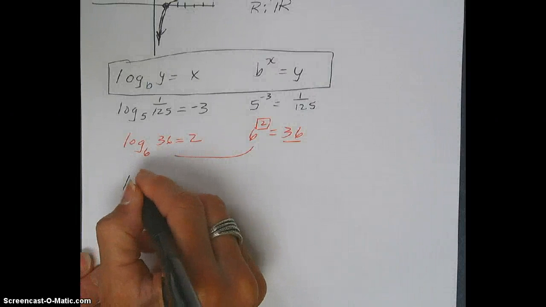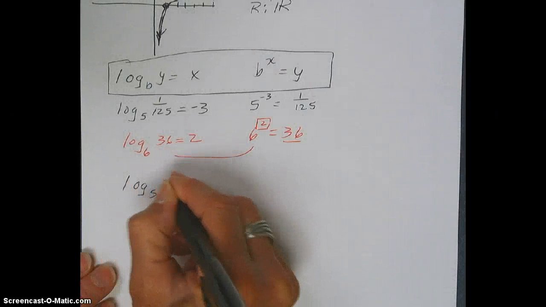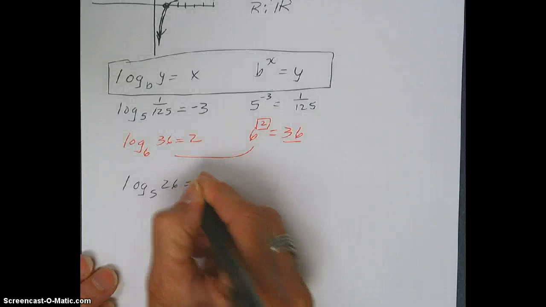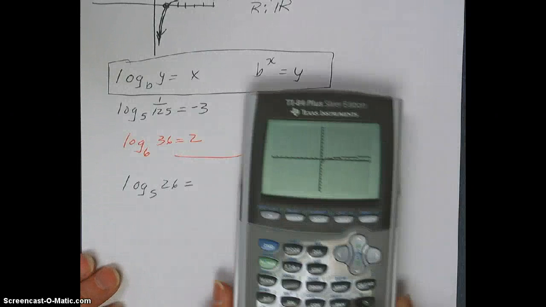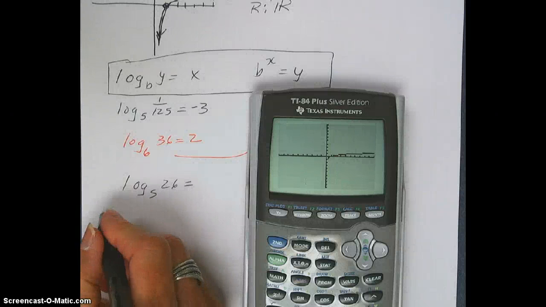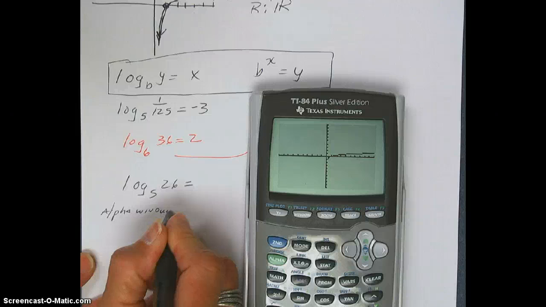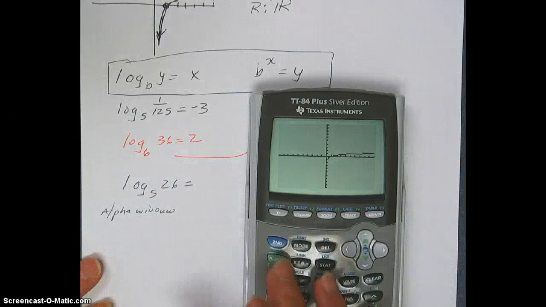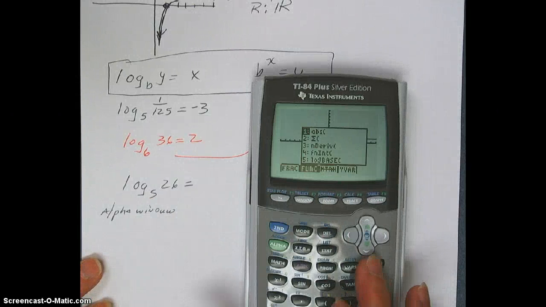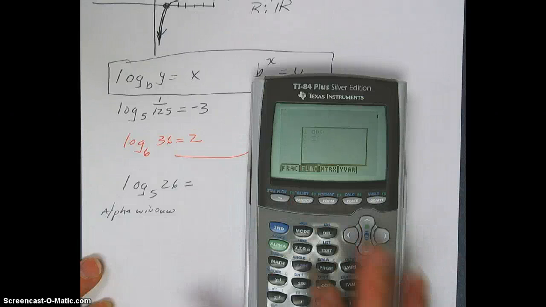Some easy ones will just be log the base 5 of 26. How do we solve that? Again, just use your calculator. Remember to hit alpha, window, and just plug in. Okay, so if I hit alpha window on my calculator, I'll get the log option.